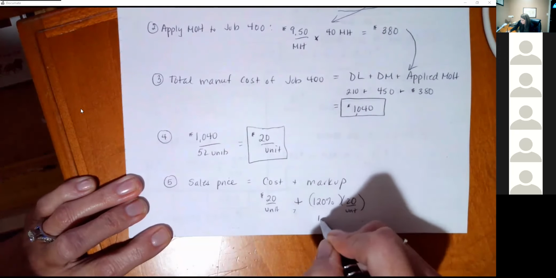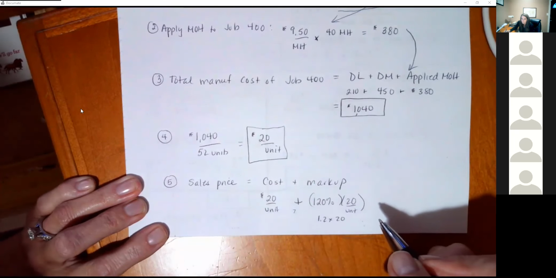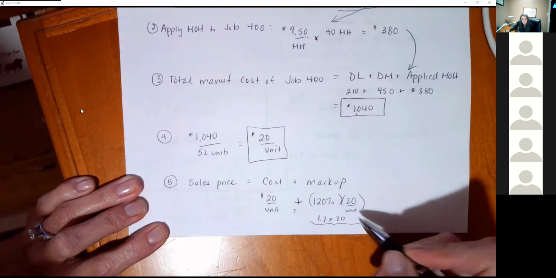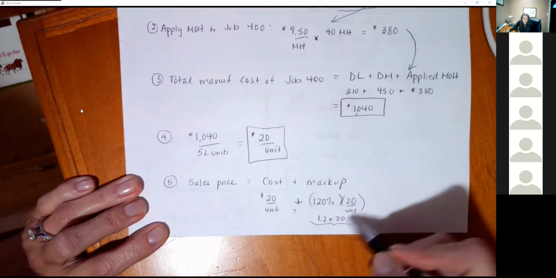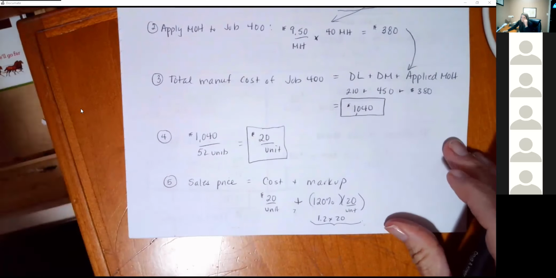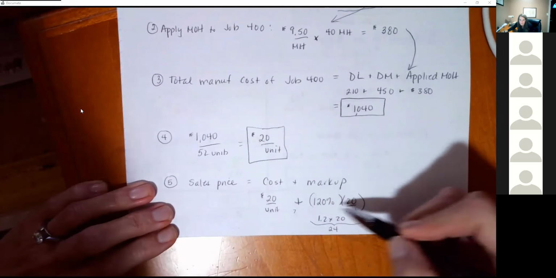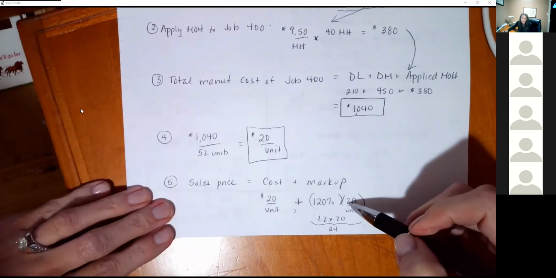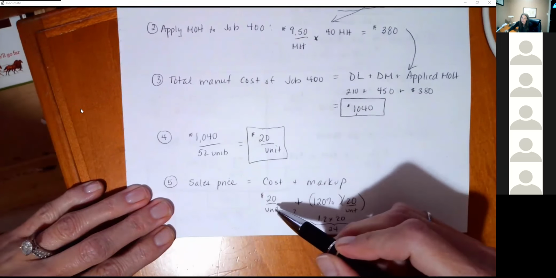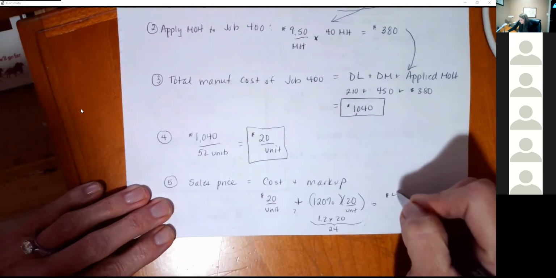That's the same as saying 1.2 times 20. And so what number do we get here? What is 120% of 20? 24. 24, good. So just to be clear, this is the amount of the markup. Don't forget to add the markup to the cost. The markup is the amount that you add to the cost to get to the sales price. So the sales price is going to be 44.